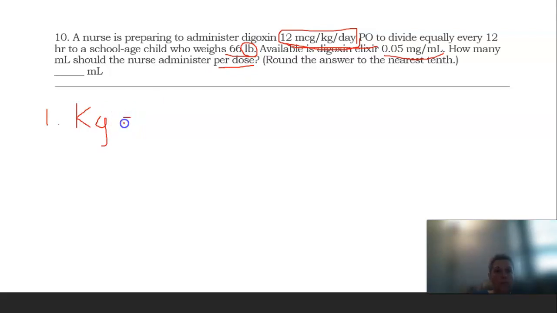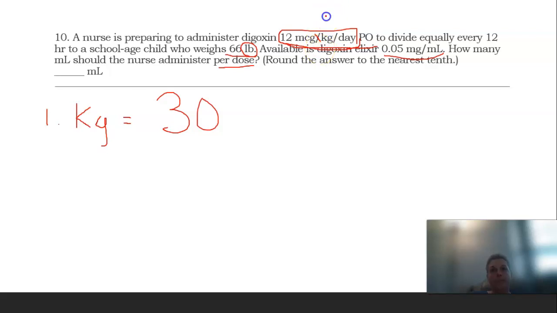So, first thing, 66 divided by 2.2 equals 30. Then I go get my recipe and put my 30 right there. Now, unfortunately, these look like divide signs, but they're really times signs.